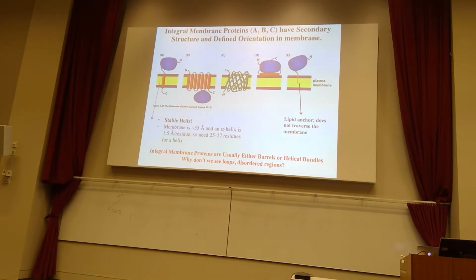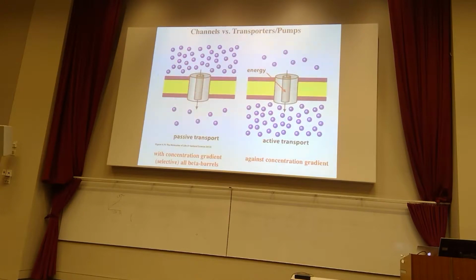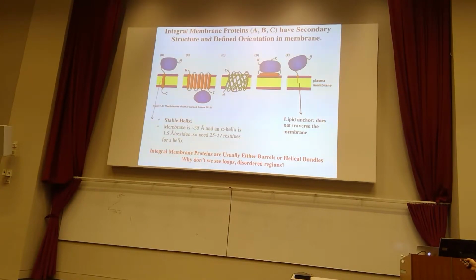Outside, inside, in an aqueous environment, if you expose a loop or a disordered region, the amide groups in the backbone are going to be able to hydrogen bond to solvent water. Within the membrane itself, that's not going to happen. All those groups want to be hydrogen bonded. The only place that can do that is hydrogen bonding with themselves. That drives secondary structure formation, and that's why you see so much ordered secondary structure content within these membrane proteins.